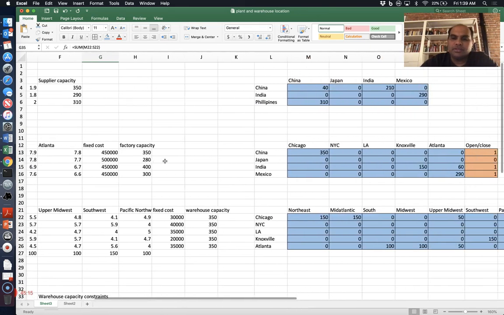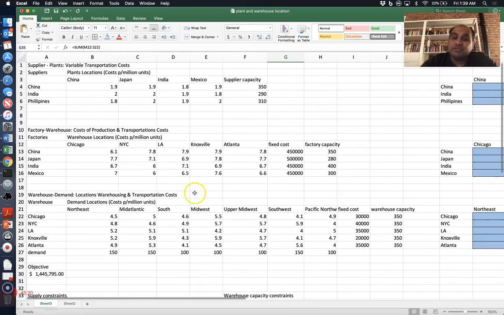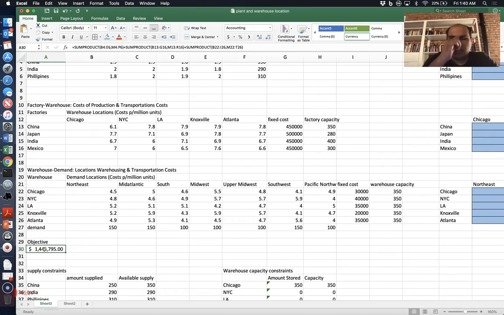And the minimum cost for doing this is $1,445,795. Now, I will say this. This is a large problem with a lot of integer constraints, so it is possible that this answer is wrong for me. The reason I say that is I have a Mac. Sometimes, rarely, I'm not saying every time, when you use a solver on the Mac only. With Windows, it usually works 99.99% of the time.